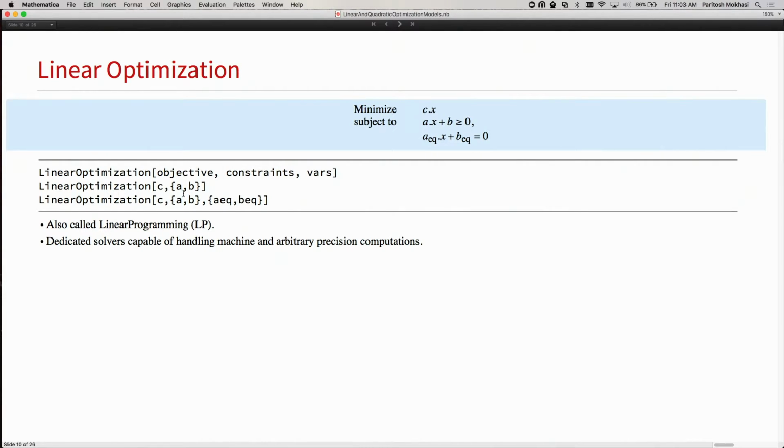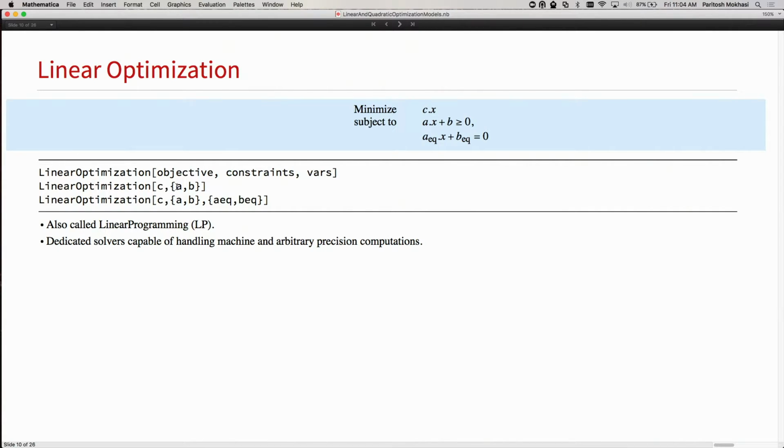So let's jump into the linear optimization model. The syntax that we have in Mathematica is LinearOptimization. It'll have an objective, which is a symbolic objective, you'll have constraints, and then you'll have variables. But we also allow you to directly give vectors and matrices, vector objectives and matrix constraints, in order to solve the problem directly. If you are confused as to why we are calling it optimization, linear programming is what it was called before.